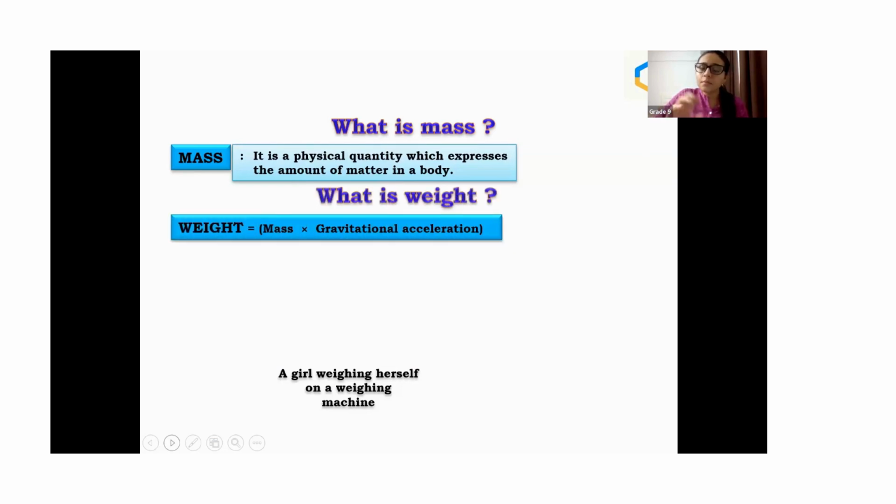Now, a very similar term is weight. The formula is written here: it is mass times gravitational acceleration. But can somebody explain what is weight? Are weight and mass the same? Anyone?